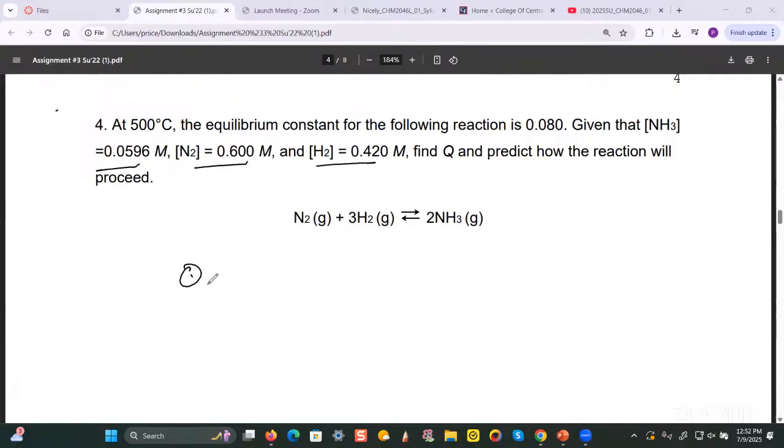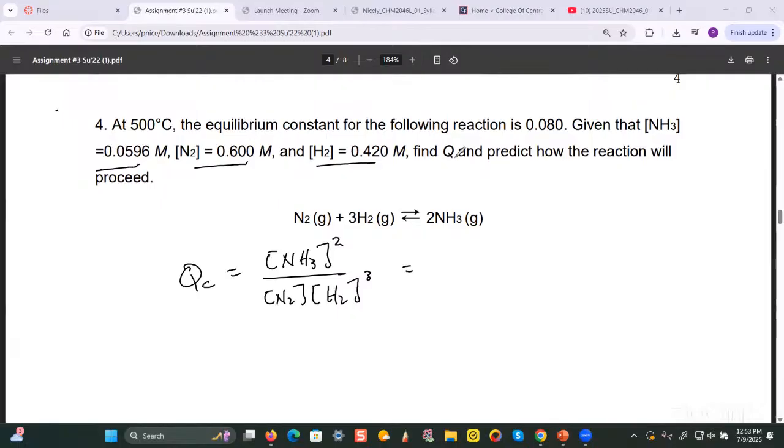So Q, I'm going to put QC to be more specific, will be equal to the concentration of NH3 squared divided by the concentration of N2 times the concentration of H2 cubed, right? And then we put the numbers in.